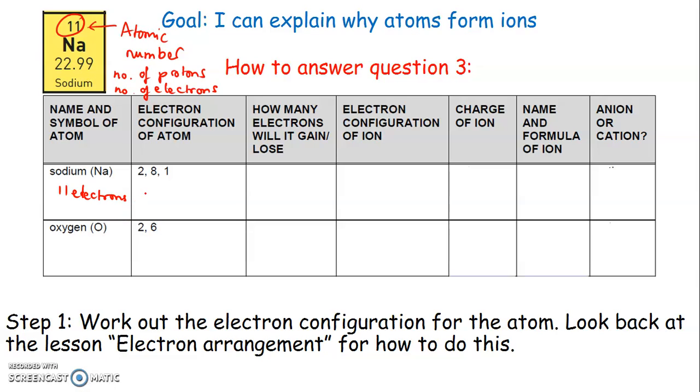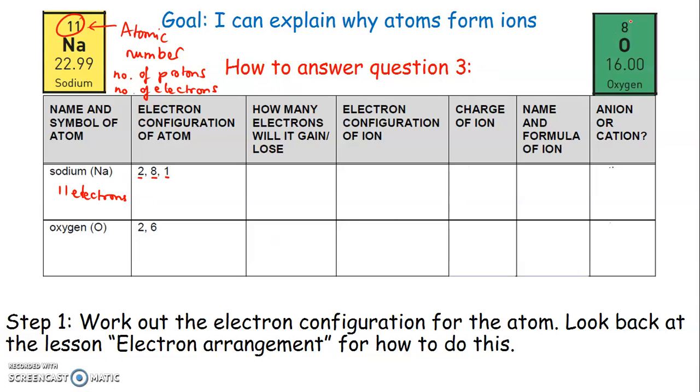Okay, so remember that the first shell, the first electron shell can hold 2. The second can hold 8. So 2 and 8, that adds up to 10. And so we have one more in the third shell to make up 11 electrons. Okay. Now for oxygen, again, we do the same thing.